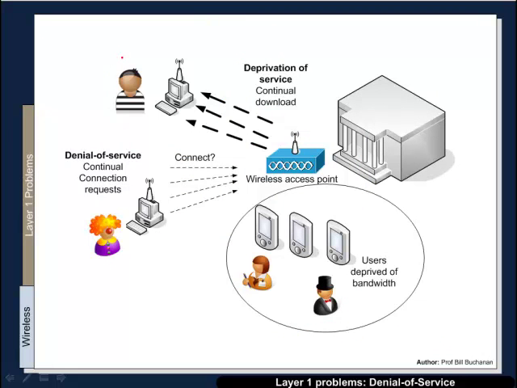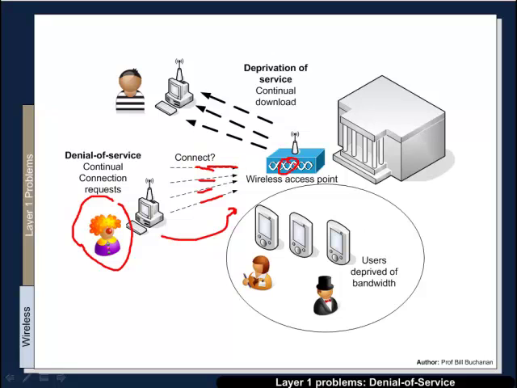Another problem that we have at layer 1 is that we can have continual connections from users. Even though in this case Eve isn't actually connecting to the access point, she continually asks for a connection which will obviously be rejected.